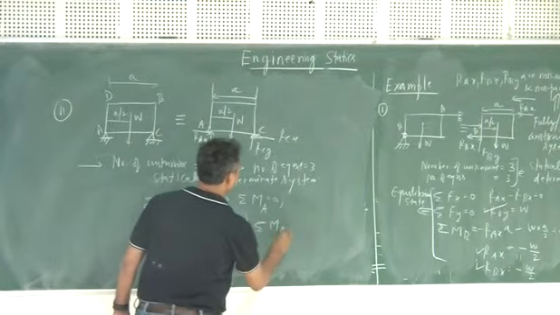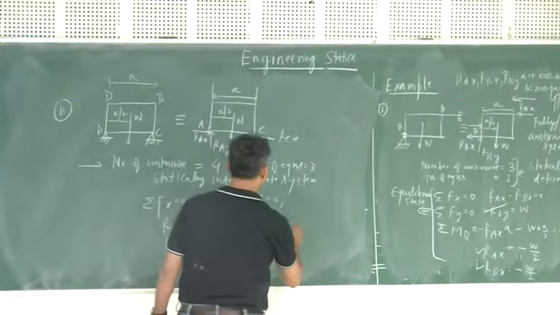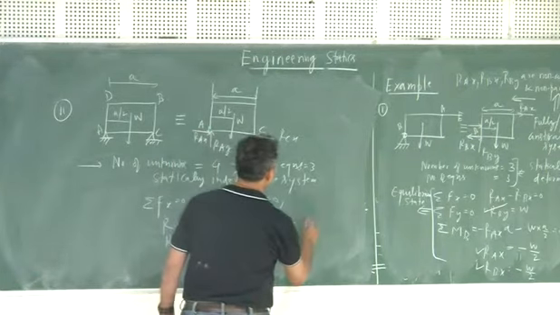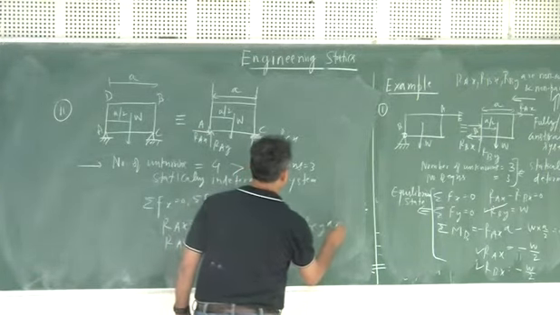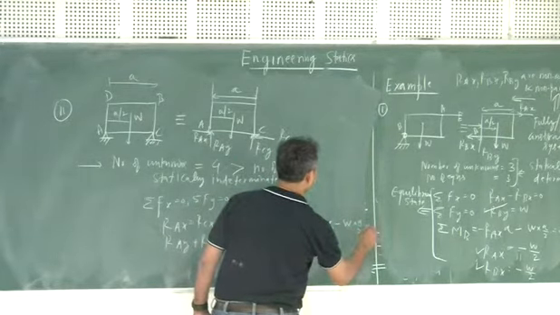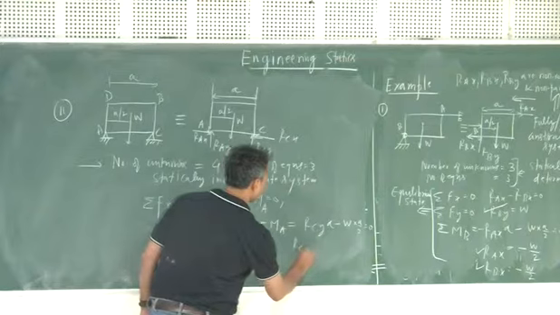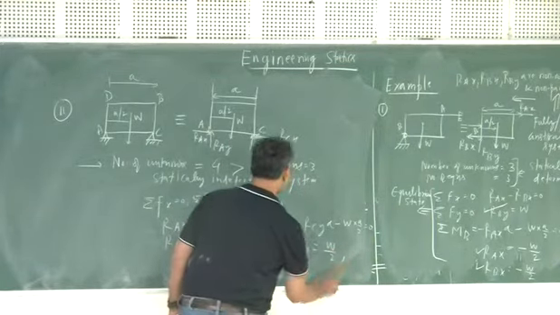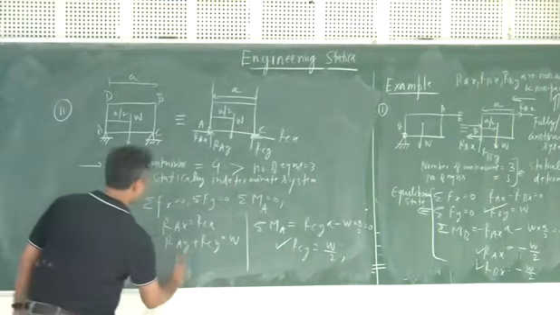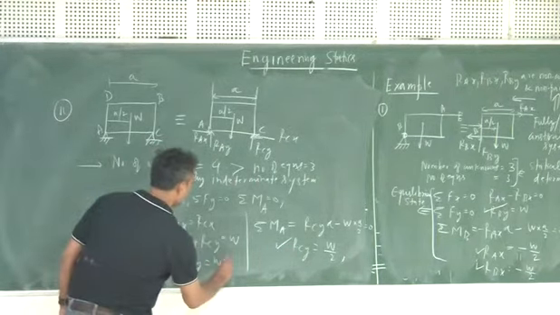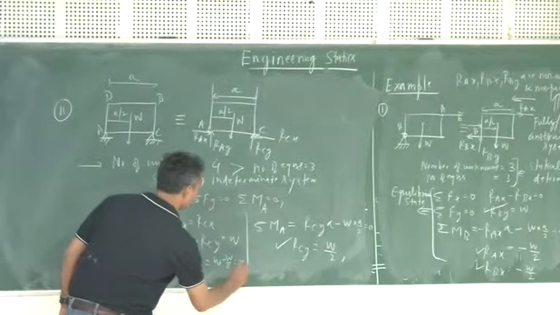M of A is equals to RCy into A. RCy, this is nothing but, this is known. Now you will know RAy, right? It will be W minus W by 2.